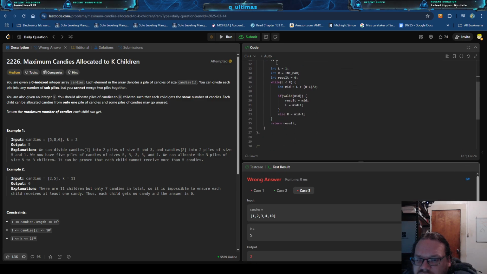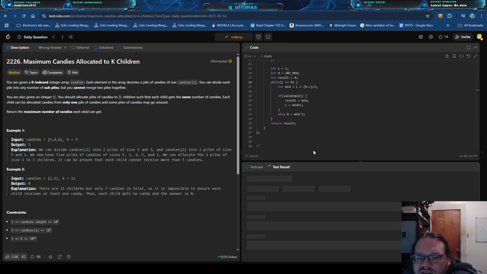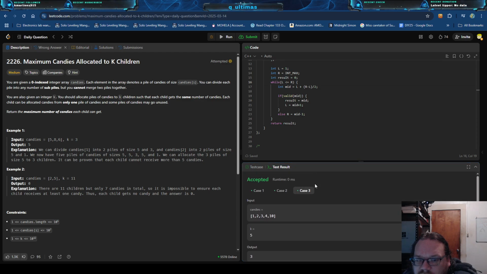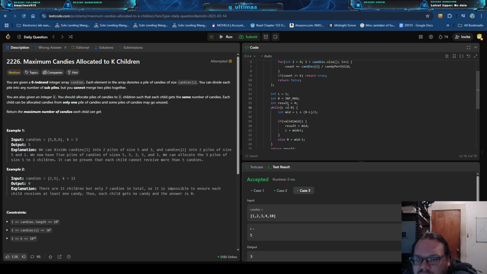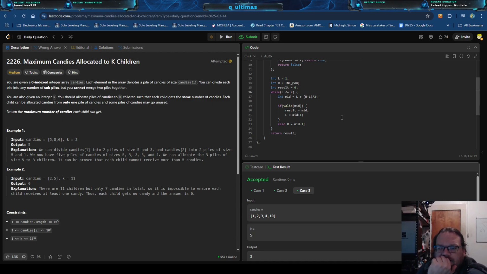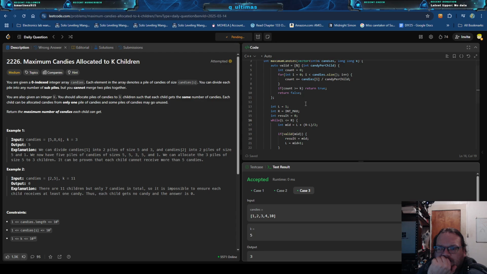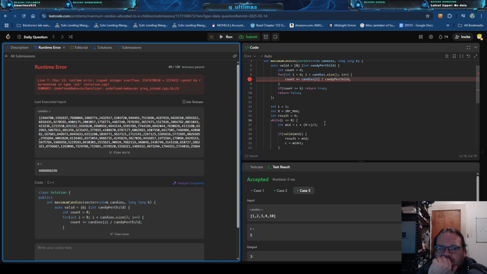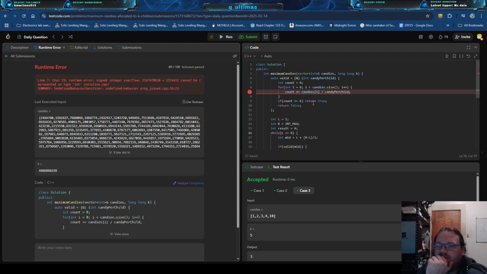Okay, so it has something to do with how I'm doing this. I don't think it's because of equal signs. Or it might be. Left is less than or equal to R. If they're the same... Okay. Integer overflow. That's why they have long for K, huh?